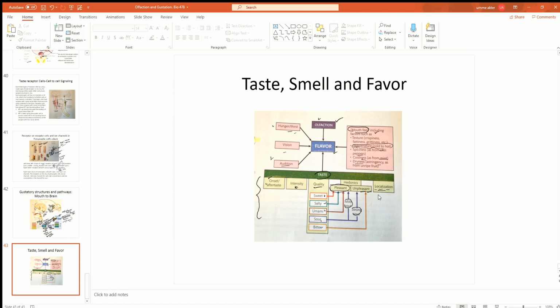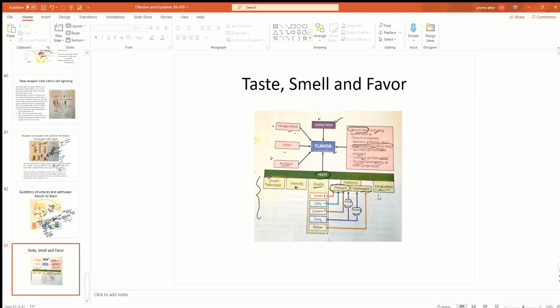Otherwise the same molecules will stay in the same location, and that will create adaptation, and the sensation is lost or diminishes gradually, so you don't want that, right? So that's why you move the tongue, you move the food on the tongue. So new food molecules will get attached to the receptors.